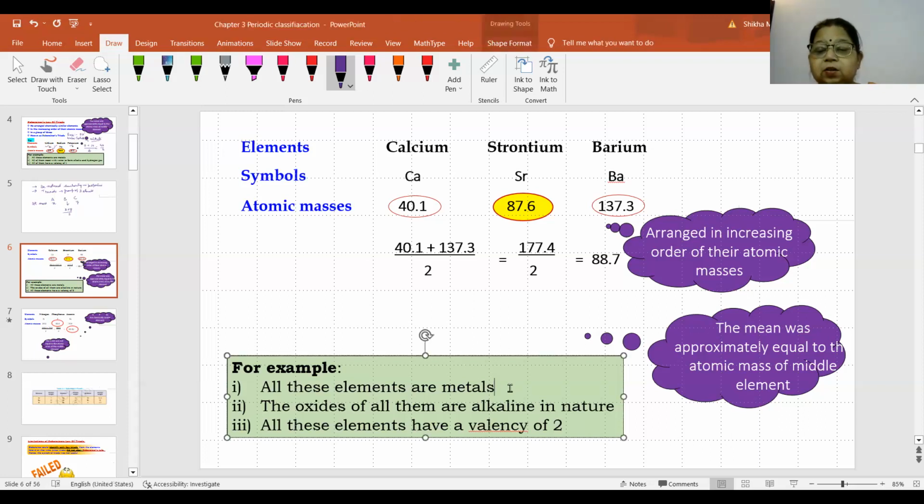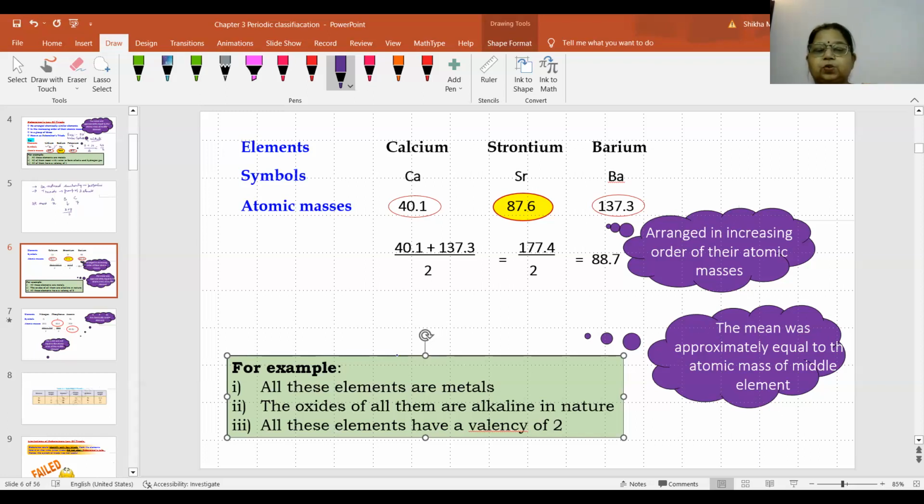So what he observed, as for the previous set, is that all of them are metals, their valency was 2, and their oxides are alkaline in nature. Can somebody define what is an oxide?